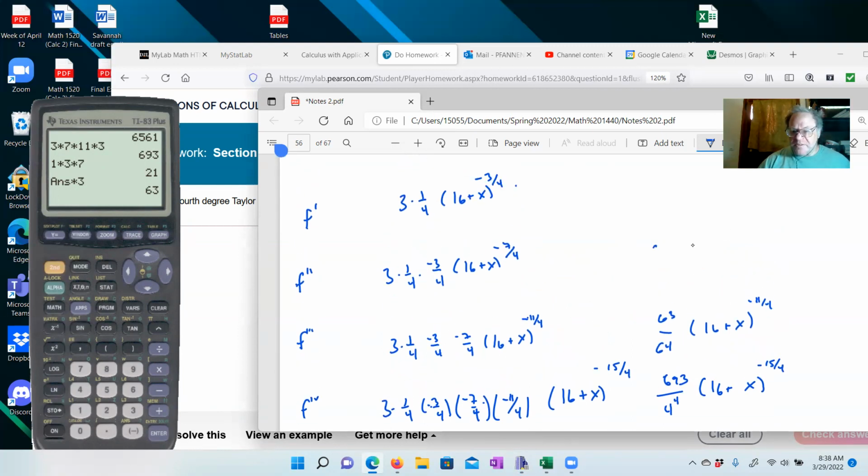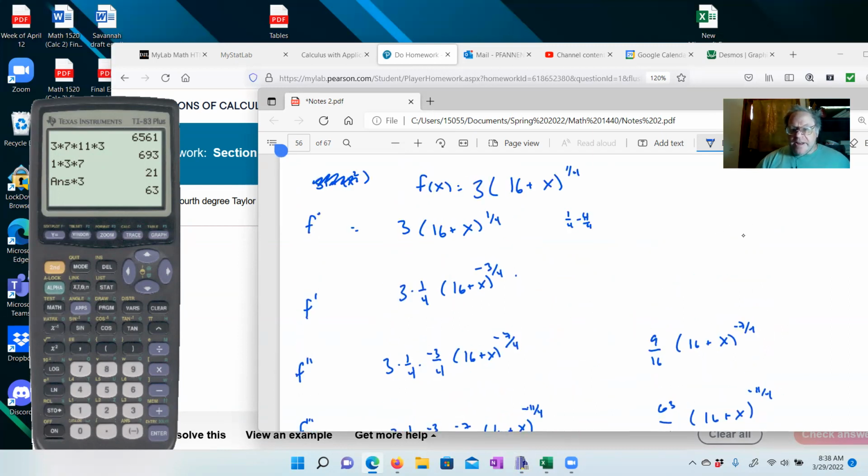So this is going to be 9/16, 4 times 4, and then we have 16 plus x to the -7/4. And then this is just 3/4, and then we have 16 plus x raised to the -3/4. And then it's just 3/16 plus x to the 1/4.